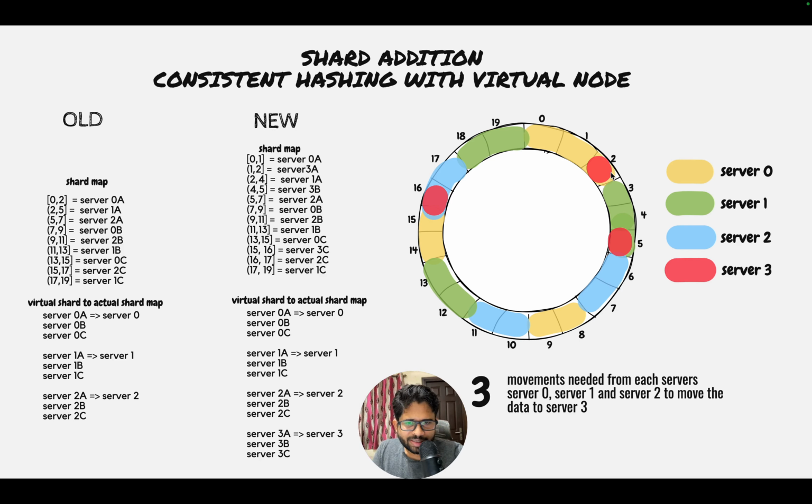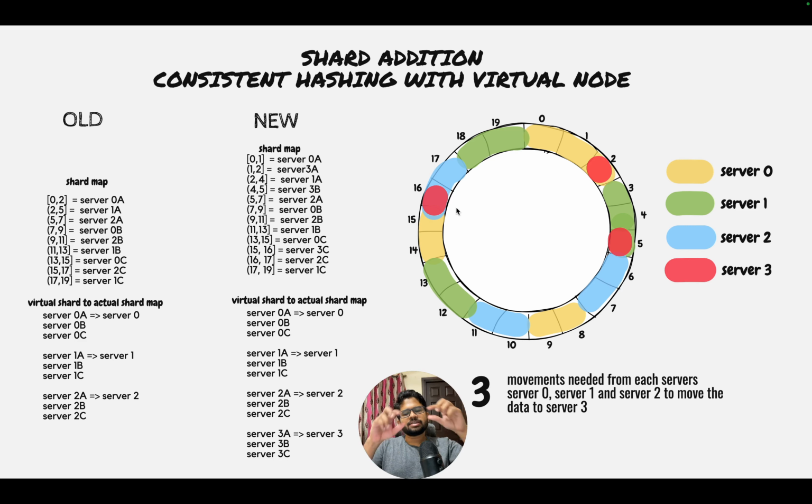So what I have done here is that I have assigned server 3 this block, that is block number 2, block number 5, and block number 16. So these are the 3 blocks I assign, and I named them 3A, 3B, and 3C.